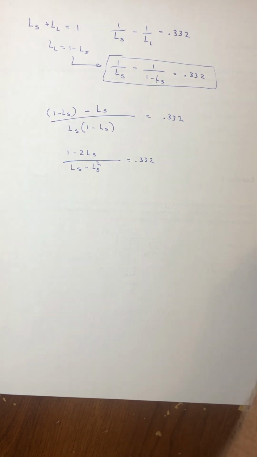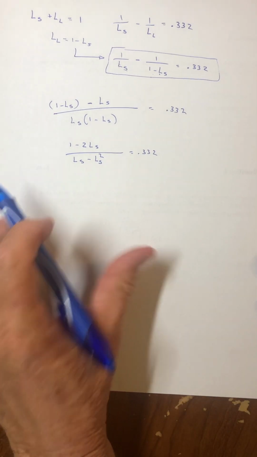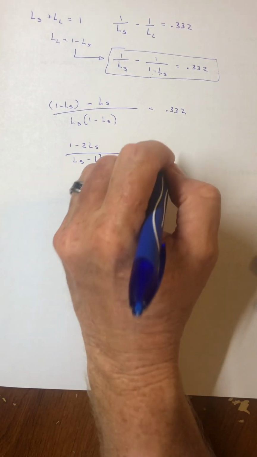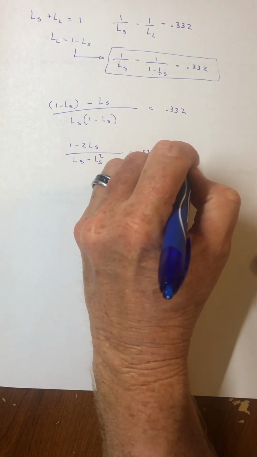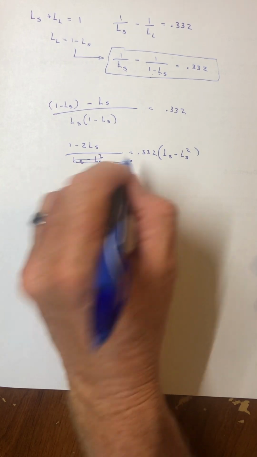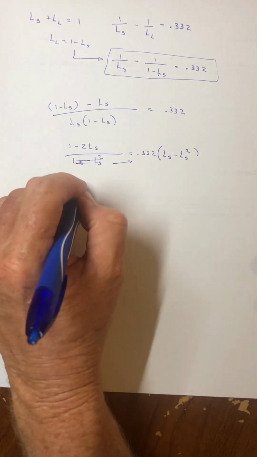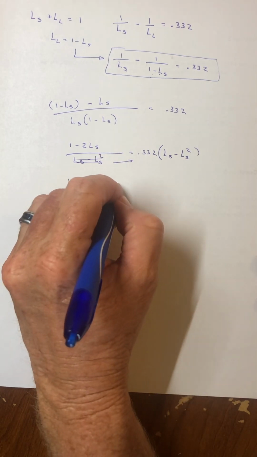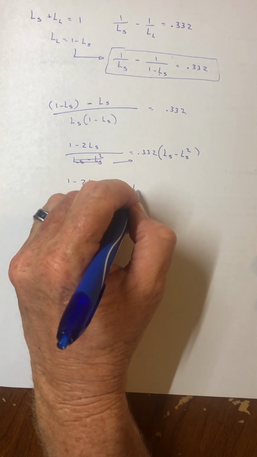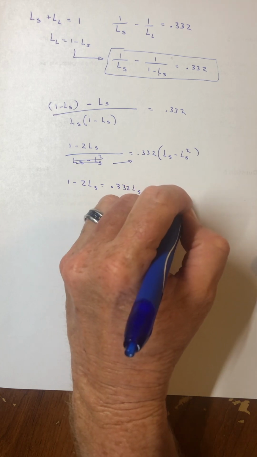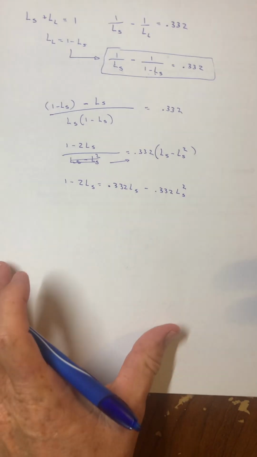And sadly, again, got some more math here to do because this is a quadratic equation. So I'm going to have to move this to the other side. So this would be LS minus LS squared, and I bring it over. And so I get 1 minus 2 LS. And then when I distribute this, this is 0.332 LS minus 0.332 LS squared.